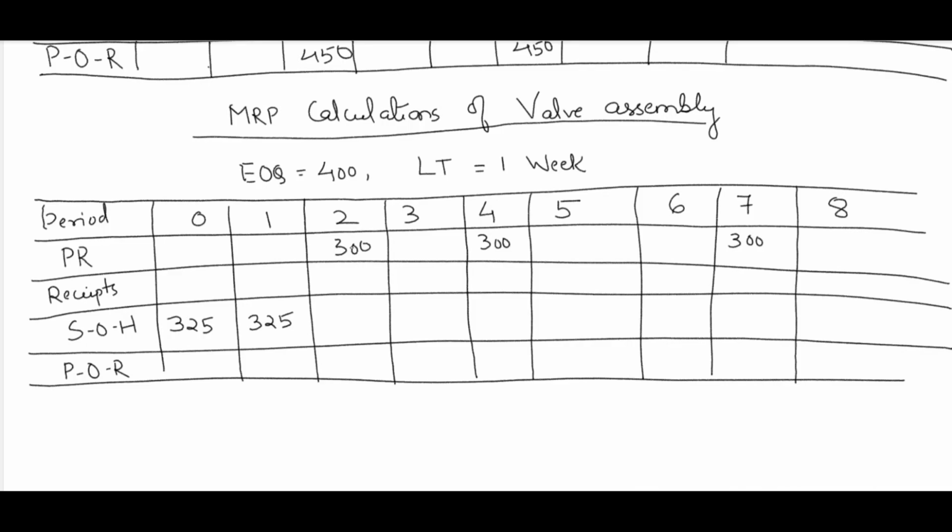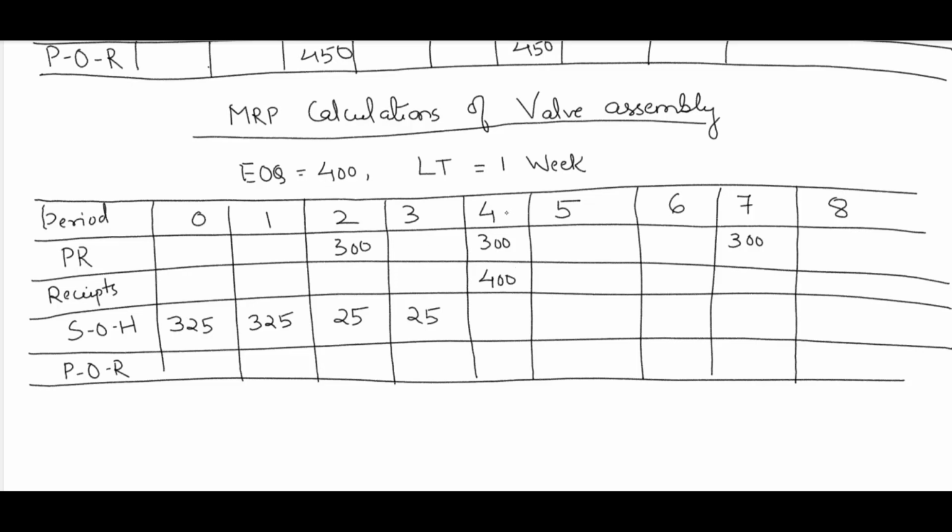For second week demand is 300, but we have stock on hand 325, so we can satisfy the demand. 325 minus 300, it will be 25. Again stock on hand with us. We are carrying forward 25 pieces of valve assembly in the third week, but you see in the fourth week demand is 300, so we need to receive the economic order quantity, that is 400, in the fourth week.